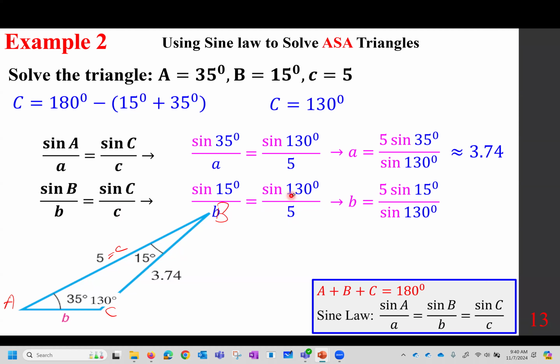Putting it into a calculator, results in 1.69. Very straightforward, everybody.